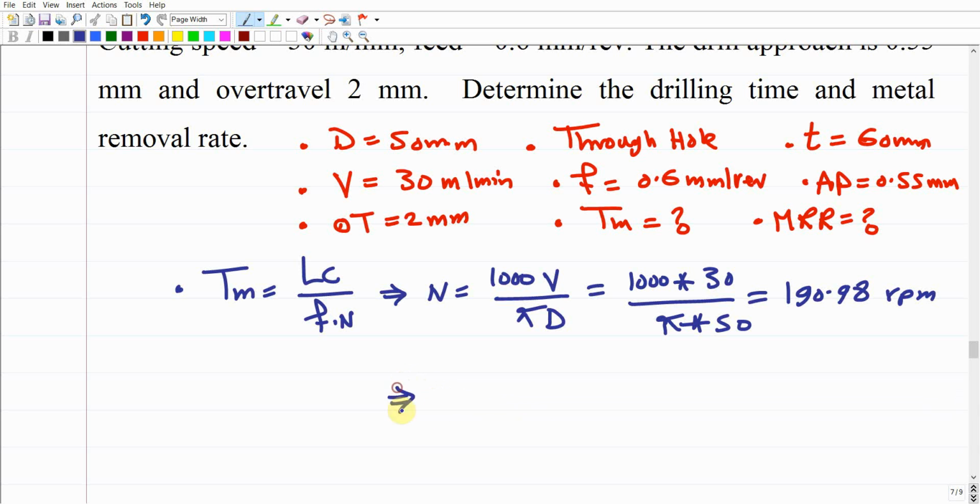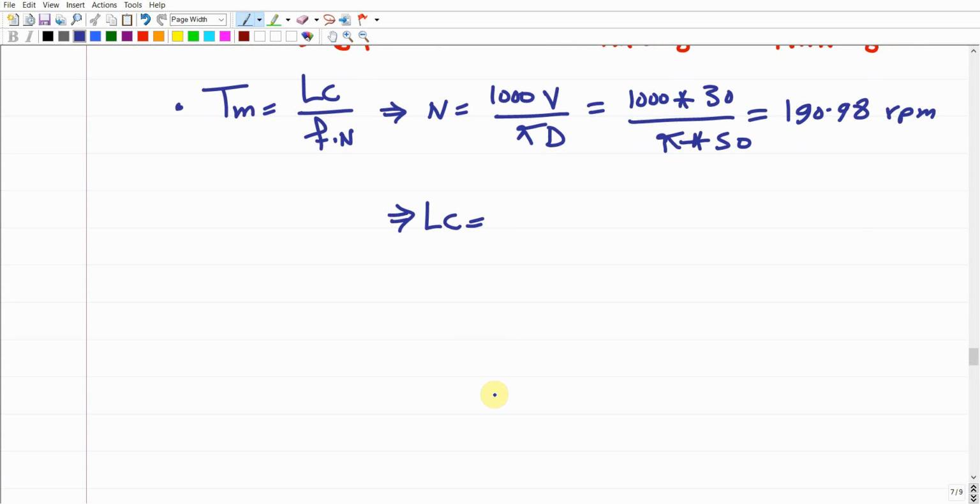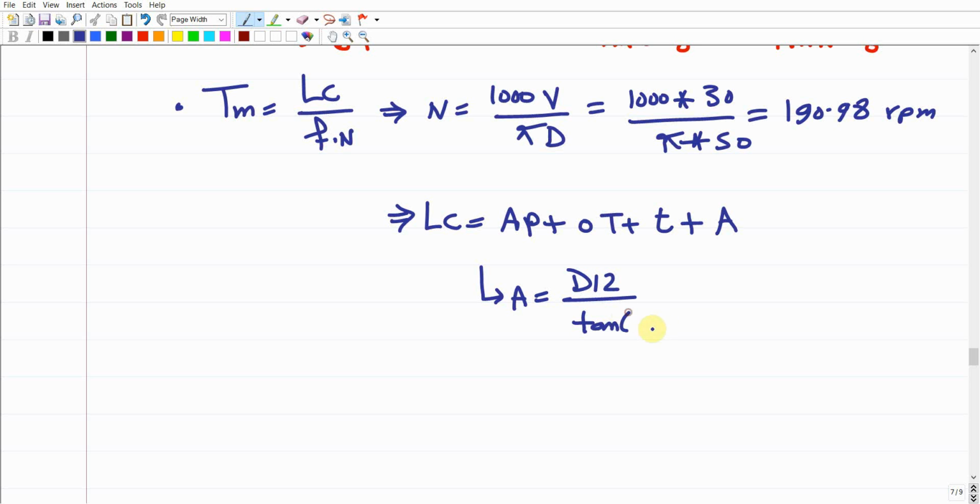Now we need to calculate LC. We are already working with a through hole. For a through hole, we're going to add the approach distance plus the over travel distance plus the thickness of the slab plus the A value, which depends on the geometry of the twist drill. So we have to calculate A first. A should be D over 2 divided by the tangent of phi over 2, where phi is the point angle.